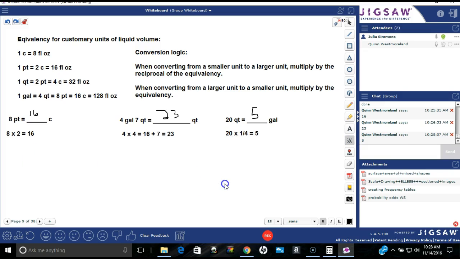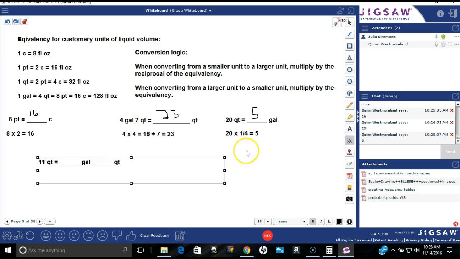Let's do another one. Another possible scenario that you'll see on your assignments. All right, I have 11 quarts, and I want to convert that 11 quarts into gallons, but it says that I'm going to have gallons and some quarts left over.